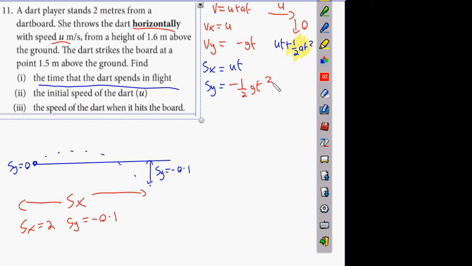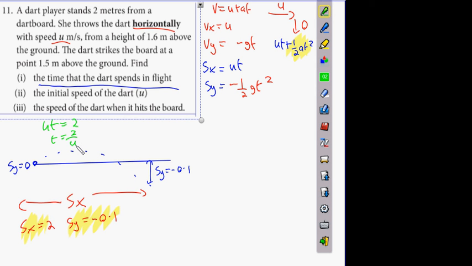What we're going to do first is use our two items of information down here: sx and sy equals minus 0.1. So we're going to replace sx with ut. ut equals 2, t equals 2 over u. Is that right?